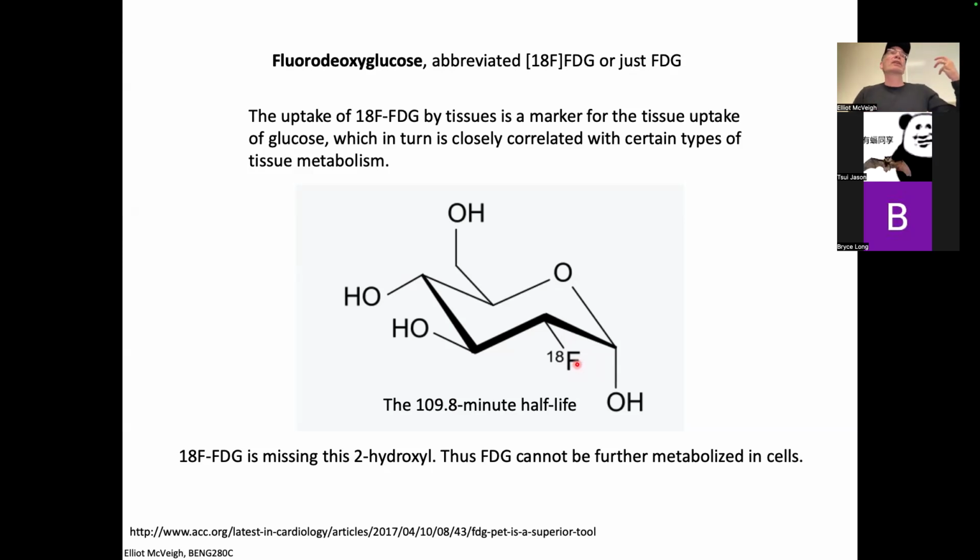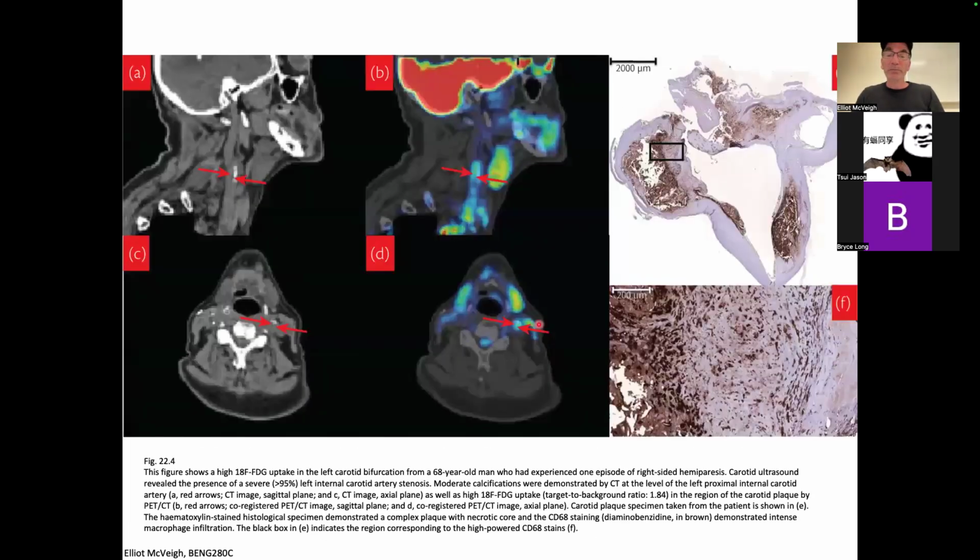This gets absorbed like it's a sugar into the cell because the cell wants it, but it doesn't get metabolized because the metabolic processes get screwed up by this thing. So it just sits there in the cell. So if you have really high metabolism, it will take this stuff up really quickly, right? And it just gets trapped in the cell because the molecule itself does not get converted through normal metabolic processes.